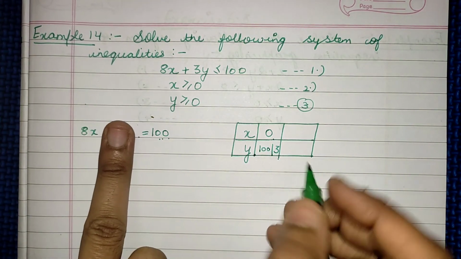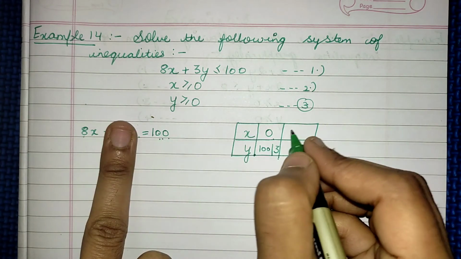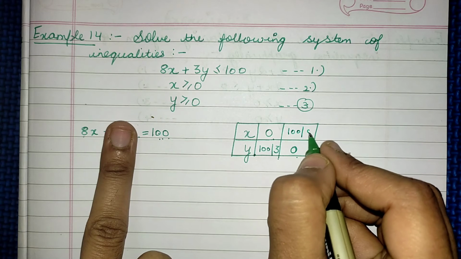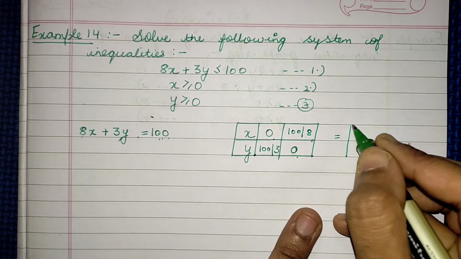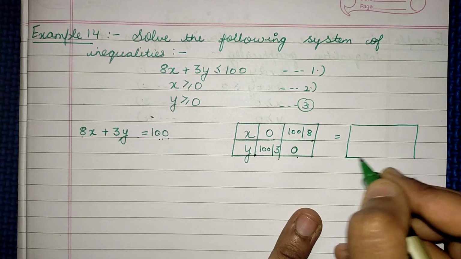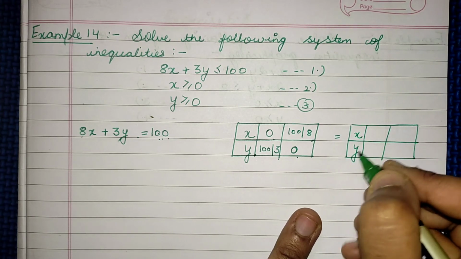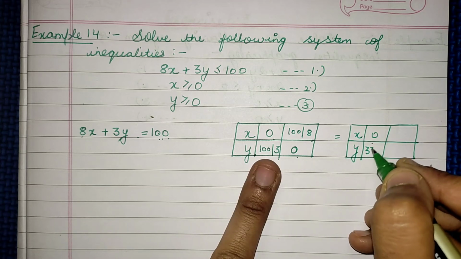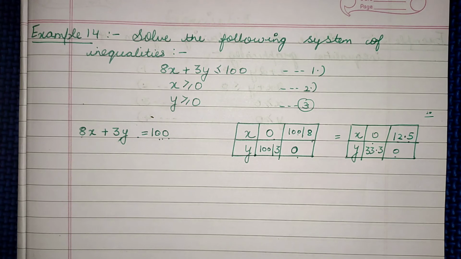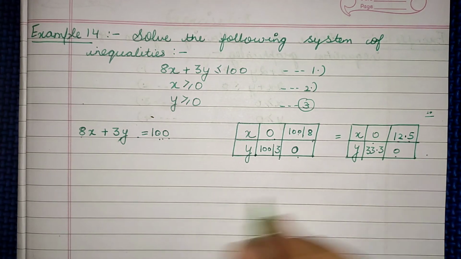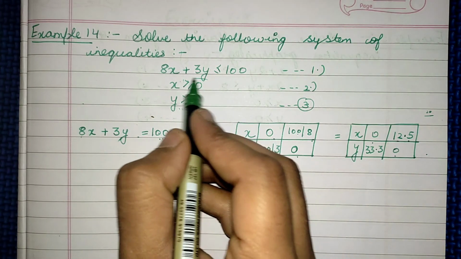Okay, and then if my y is equal to 0, then my x will be equal to 100 by 8. So if I write down the simple values here, I will get x and y: 0 and 33.3, and 12.5 and 0.